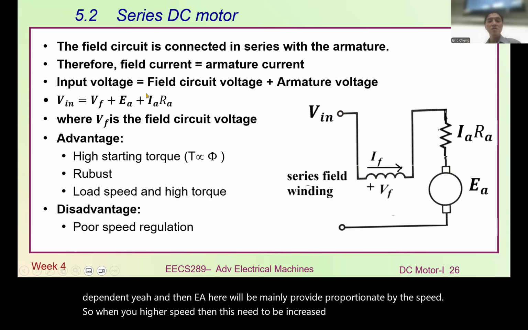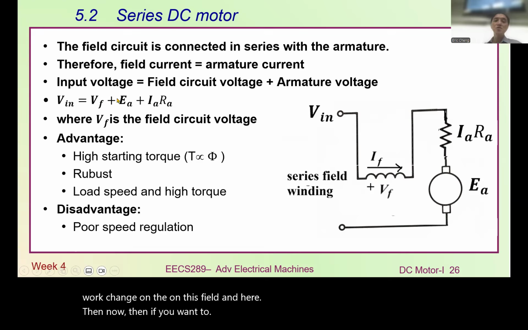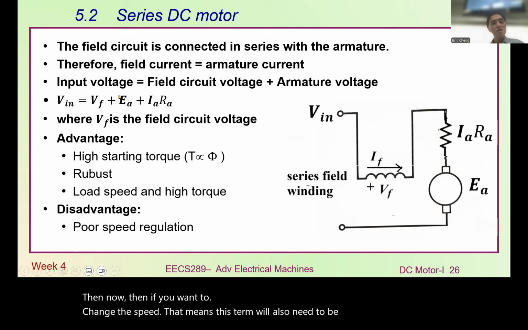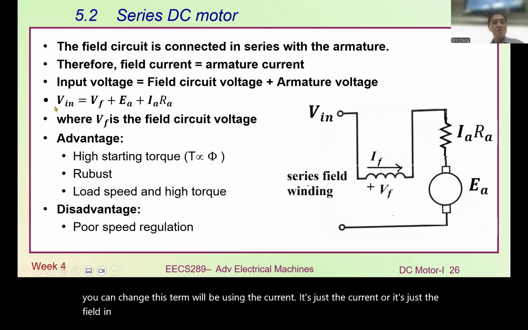So when you have higher speed, this term needs to increase anyway, and then you get less voltage on the field. If you want to change the speed, this term also needs to change. The only way to change it is by adjusting the current or adjusting the field, and to do that you need to adjust the voltage.